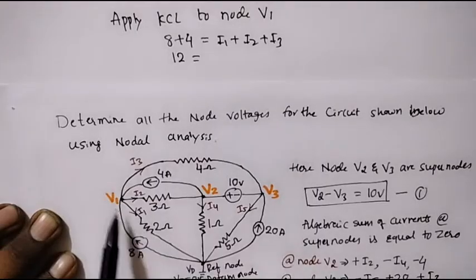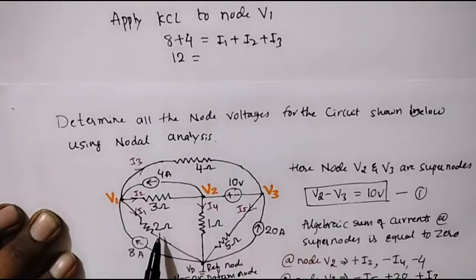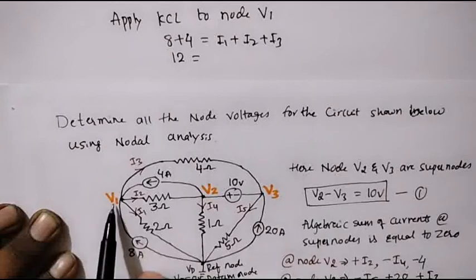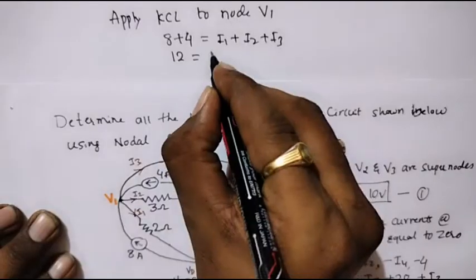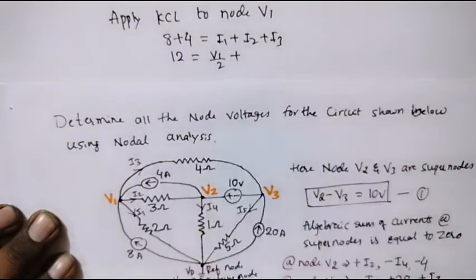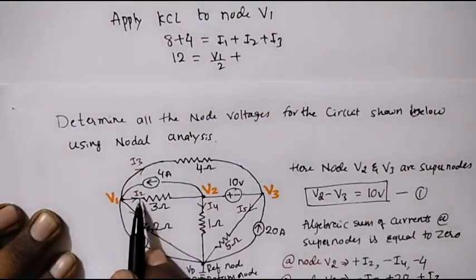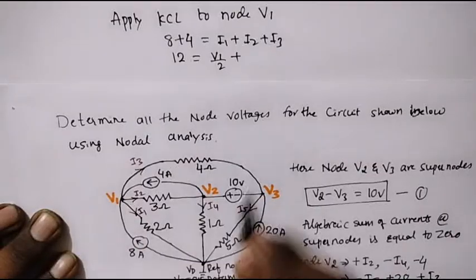I1 can be expressed as V1 by 2, because I1 is the current flowing from V1 towards VD, and VD voltage is 0. So V1 minus VD divided by 2 is V1 by 2.